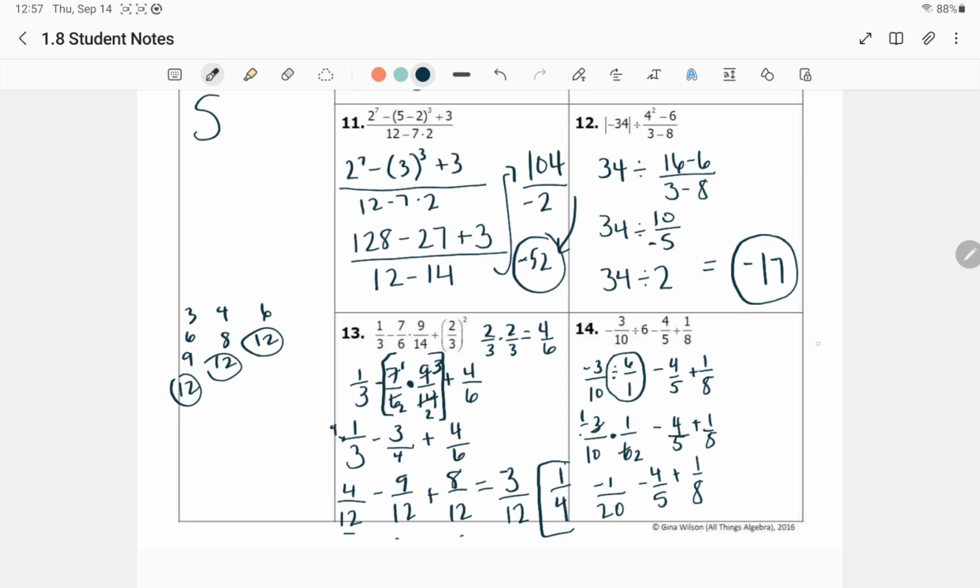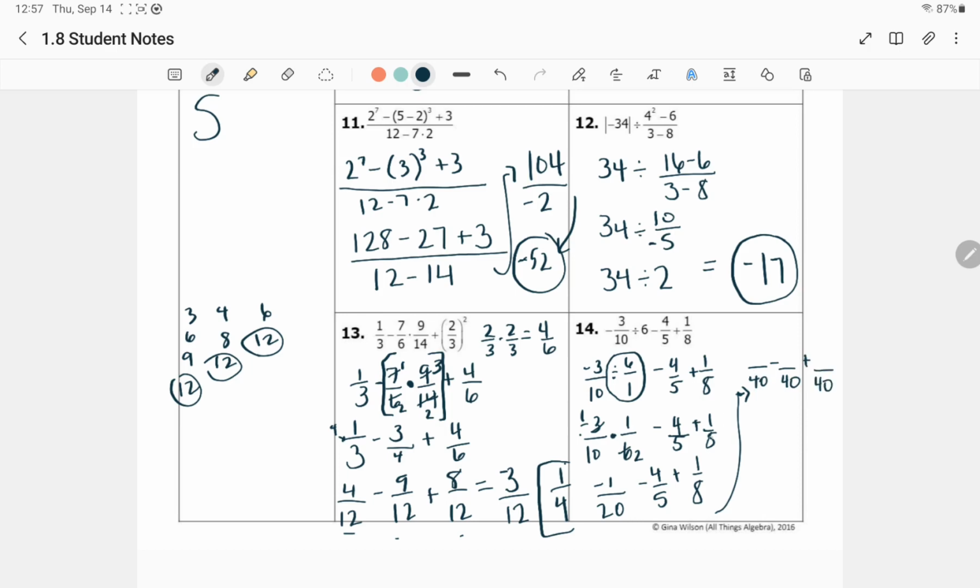Let's see what I got. 5, 10, 15, 20. Oh, 8 times 5 is 40. And 20 can go into 40 two times. So, okay. I'm going to rewrite them all as 40 minus something over 40 plus something over 40.